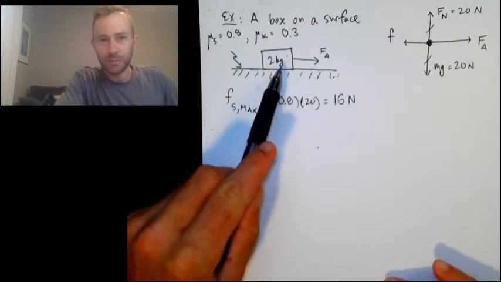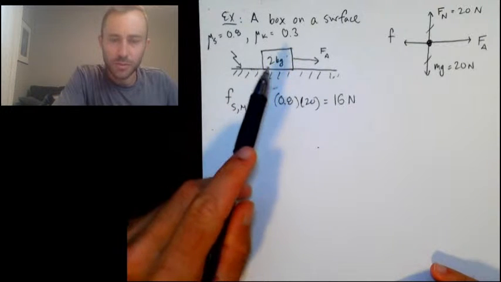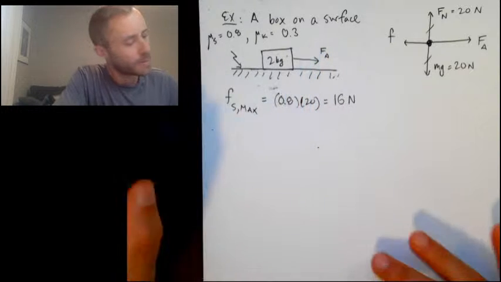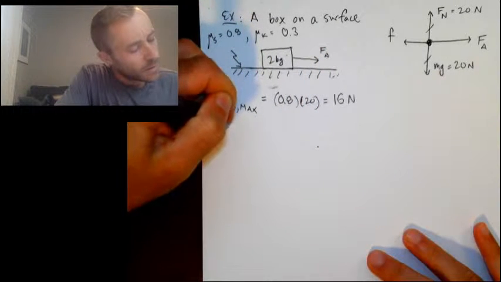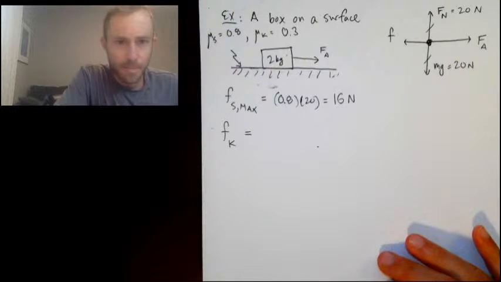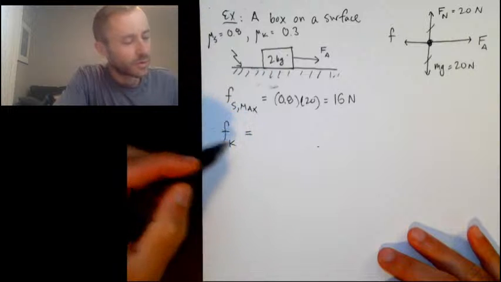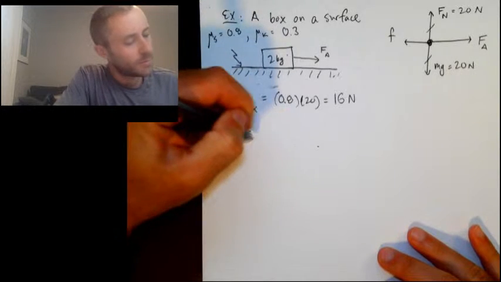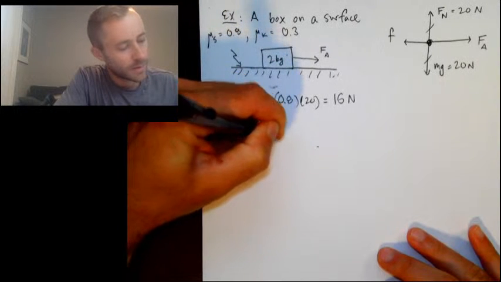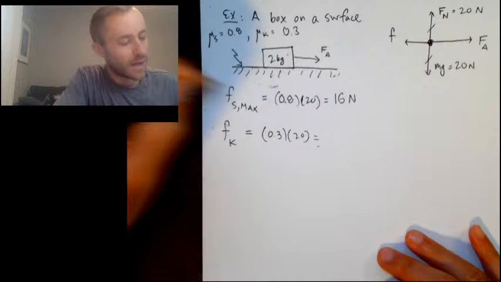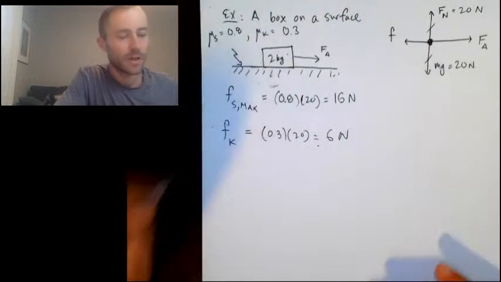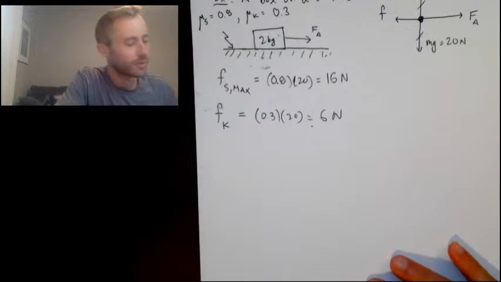So in order to make this box move, we must apply at least 16 newtons of force. The kinetic friction force is going to be mu sub k times normal, so 0.3 times 20, and that equals 6 newtons.